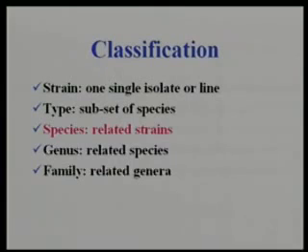So the first word tells you what genus it's in. The second part of the word is the species word. So Streptococcus pyogenes and Streptococcus agalactiae would be two species within the genus Streptococcus. Okay? So that's how we use these words, species and genus.